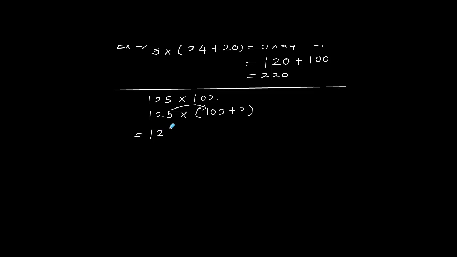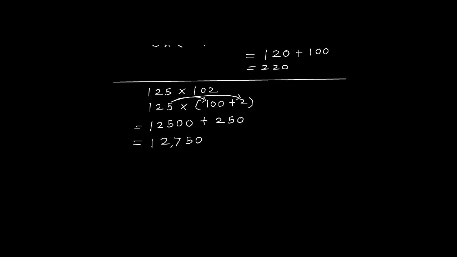So 125 times 100 gives you 12500 plus 125 times 2, that gives you 250. So your answer will be 12750. Did you get it?